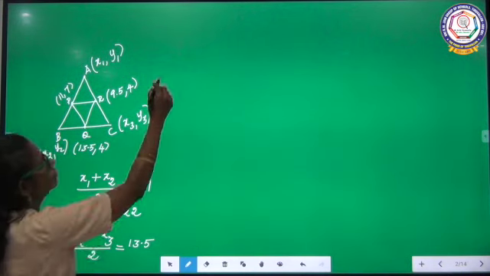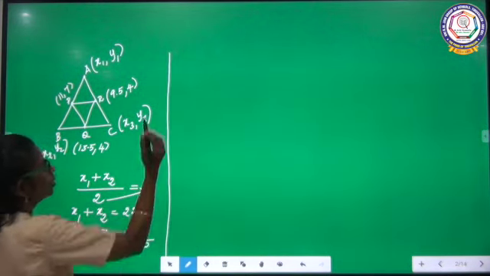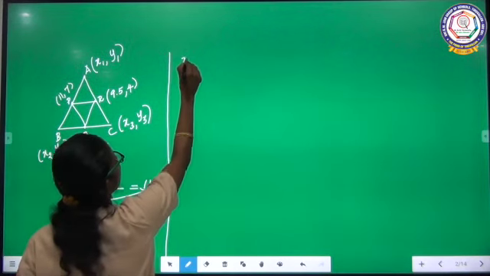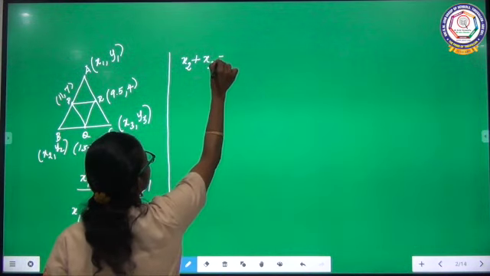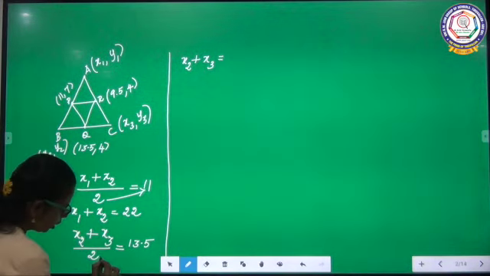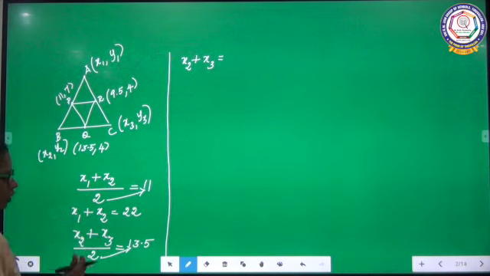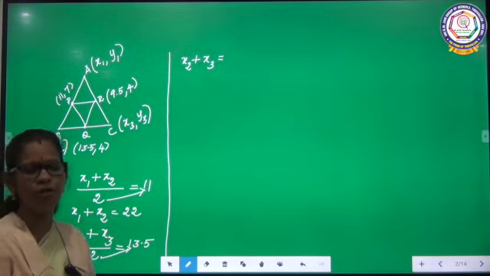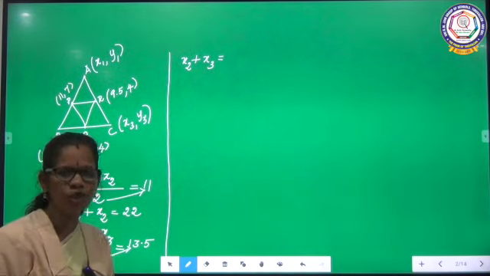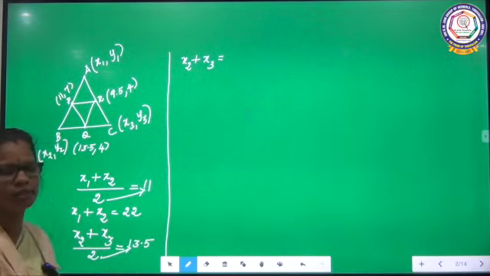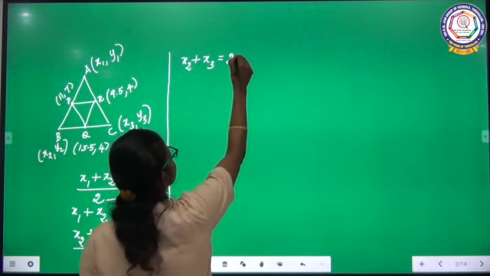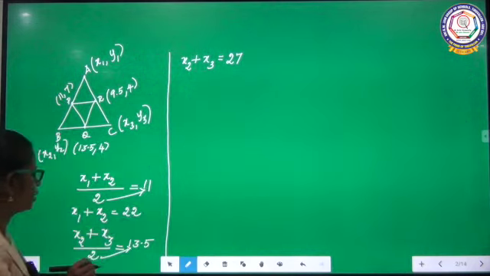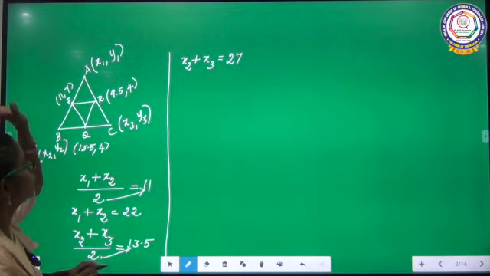Now x2 plus x3 equals 13.5 into 2. You keep it like this, 135 into 2, that is an easy way to multiply. 135 into 2, 270. Because you have one decimal, the 0 is eliminated, you will get 27. Right.